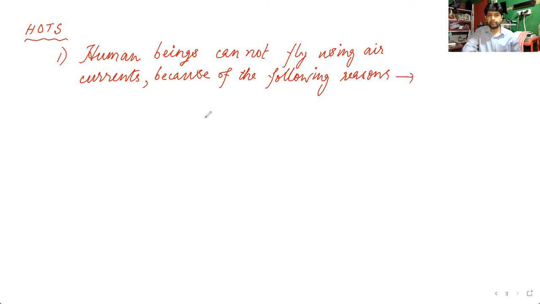Reasons: number A, they have no feather and wings.